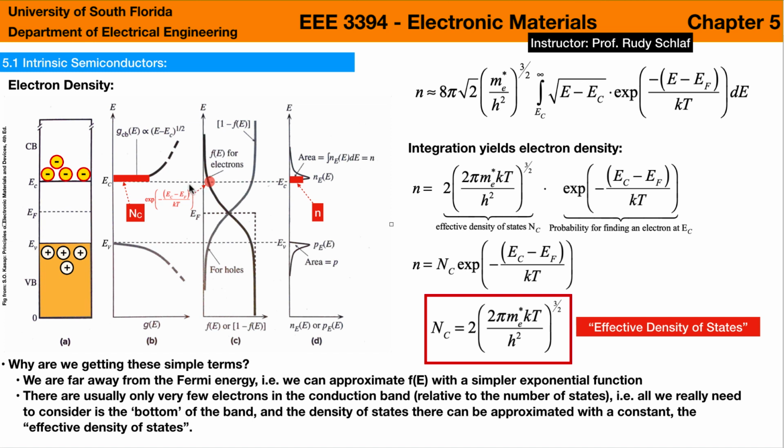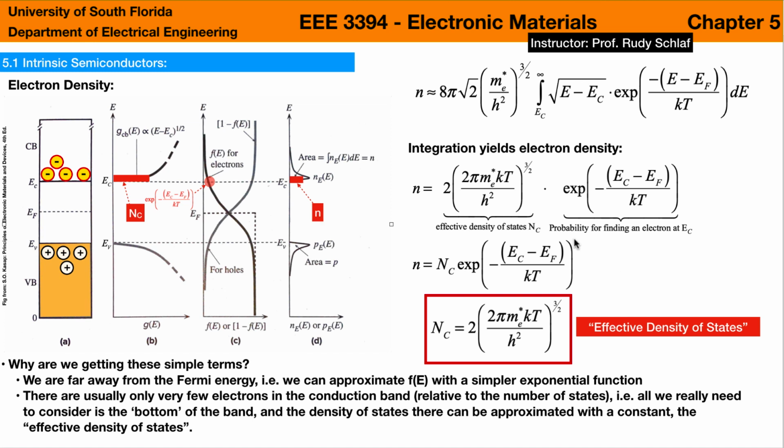So this means we are replacing evaluation of this integral by simply multiplying a constant density of states with the probability to find an electron at that energy, and that gives us the density of the electrons.